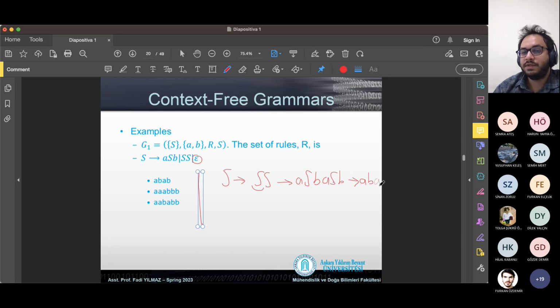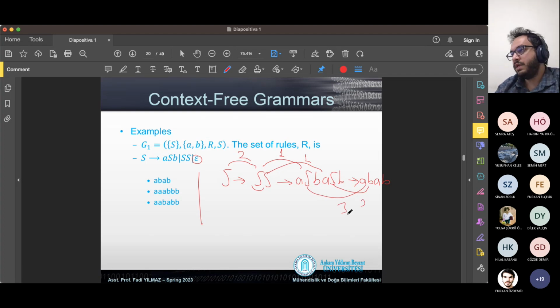And the second one, I also follow the same thing, so it's gonna be AB. These are the first rule, and these are the third rule, the epsilon rule, so that I can just save the string.